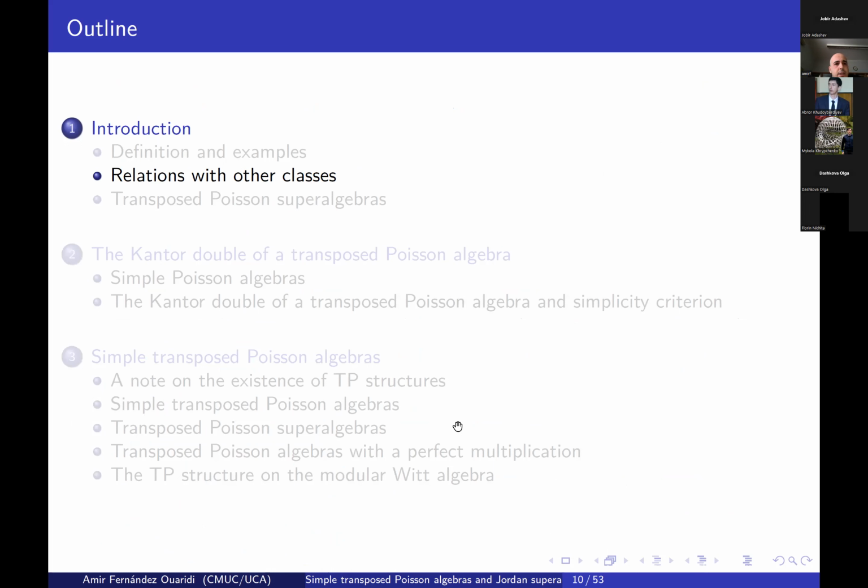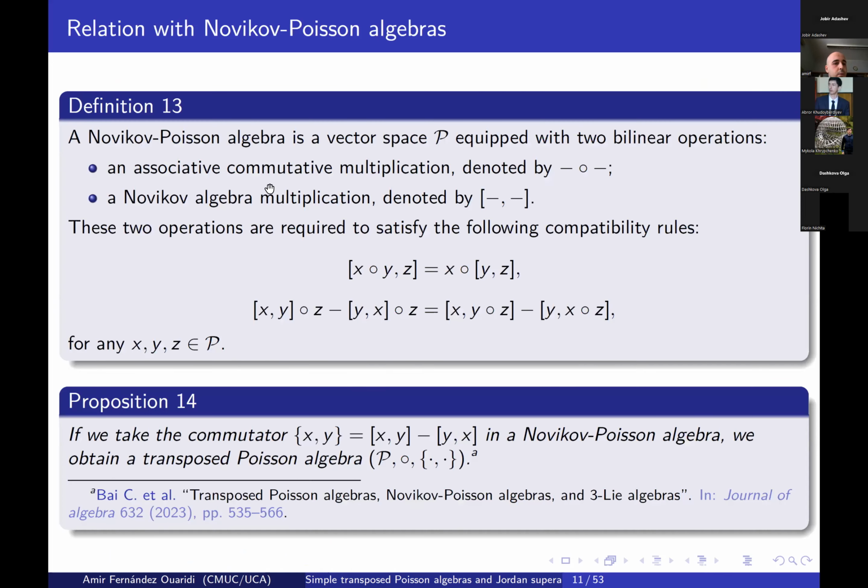Now I'm going to mention some relations with other classes of algebras. The first relation I want to mention is with Novikov-Poisson algebras. A Novikov-Poisson algebra is a vector space P equipped with two bilinear operations, an associative commutative multiplication and a Novikov multiplication, satisfying these two compatibility rules.